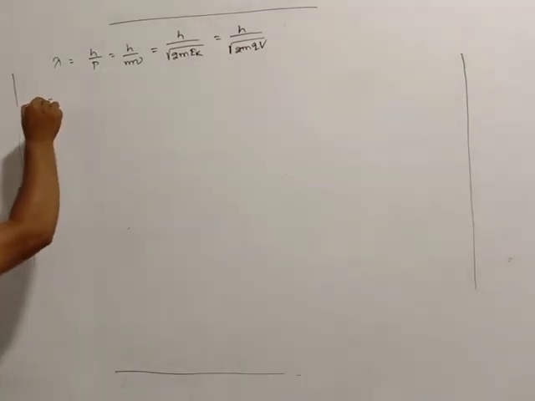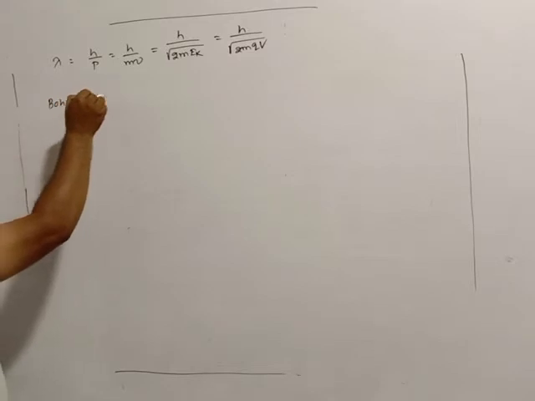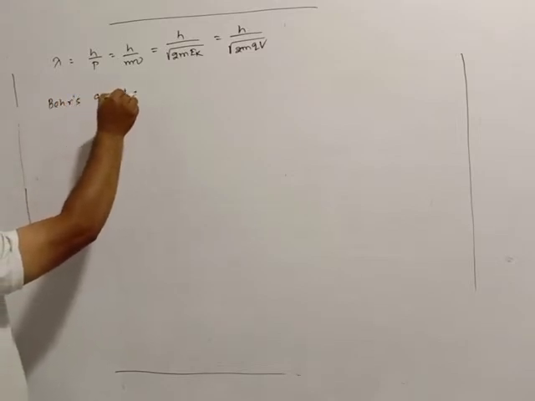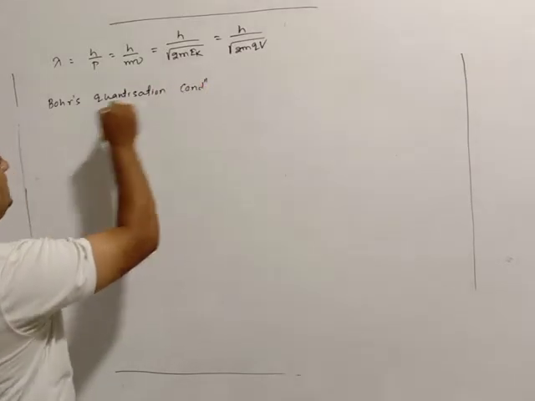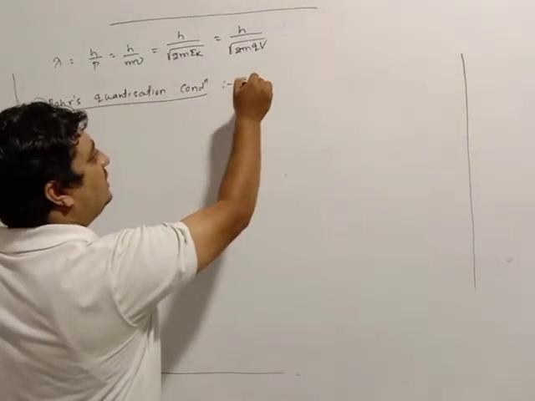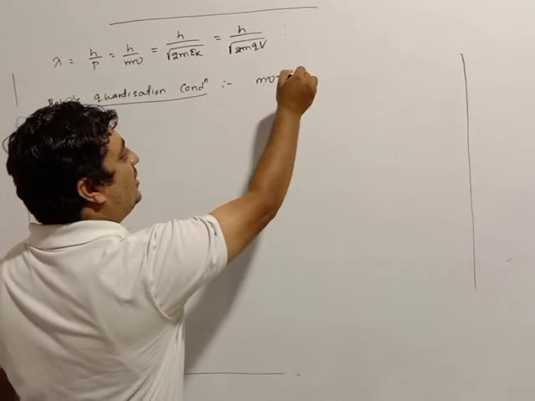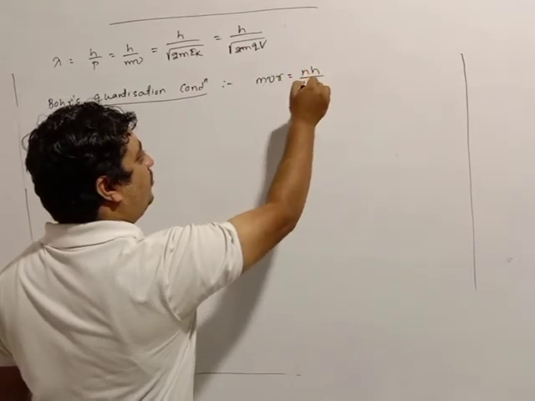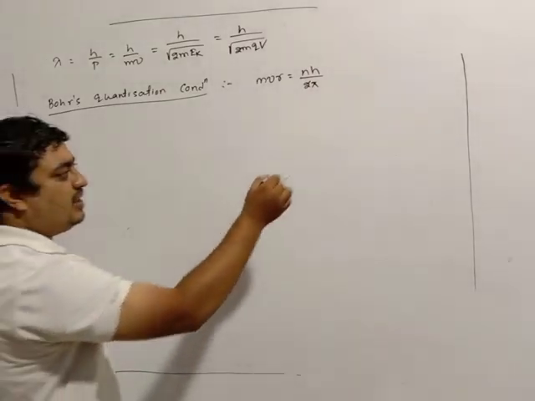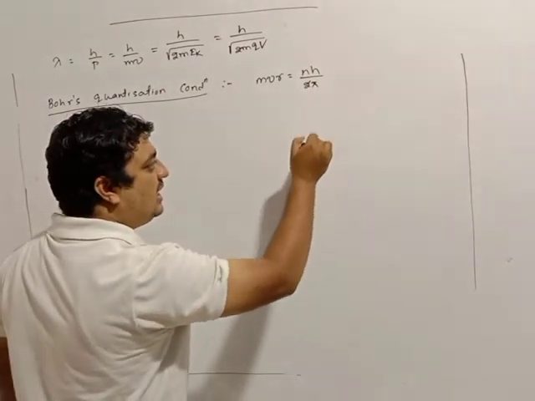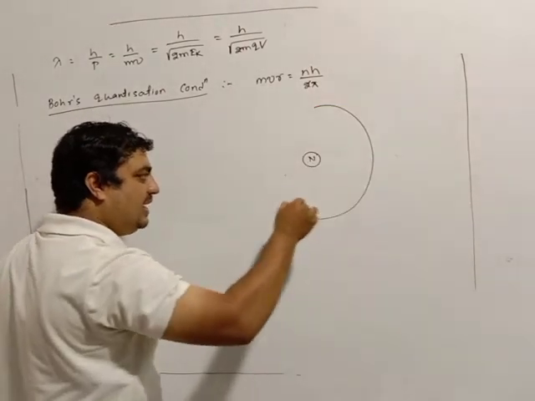Next, we'll go for Bohr's quantization condition. What is Bohr's quantization condition? The angular momentum is nh by 2 pi, where n is the principal quantum number. Now, suppose an electron is revolving in nth orbit.